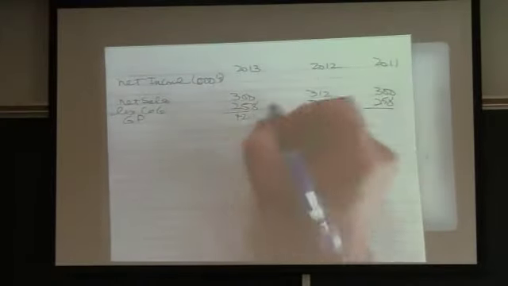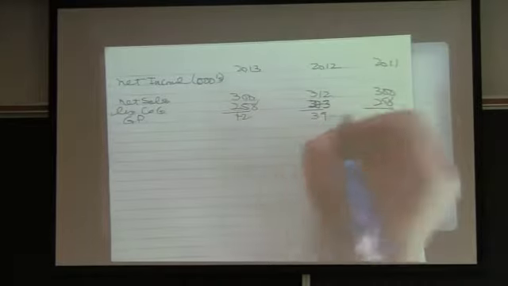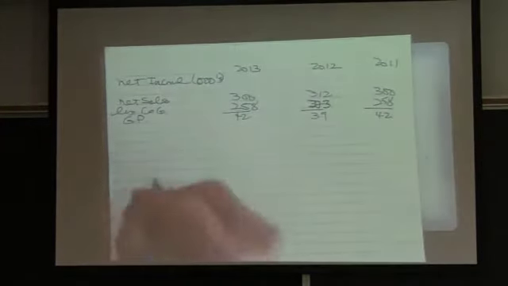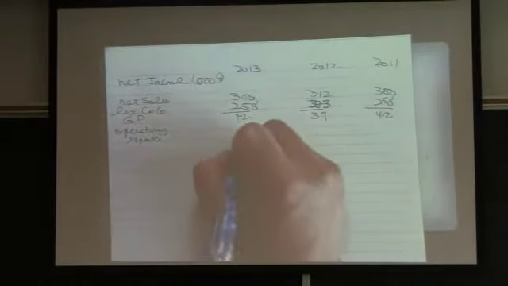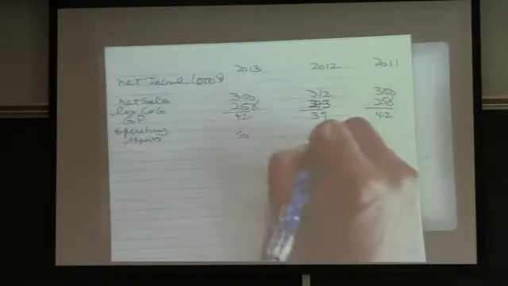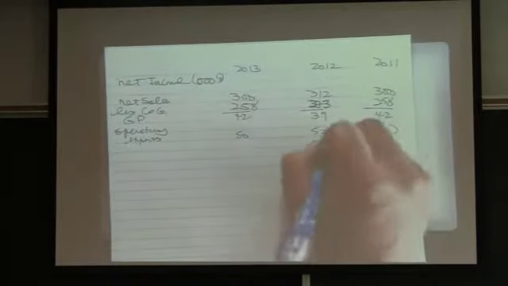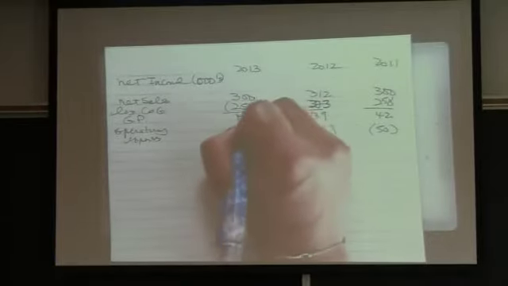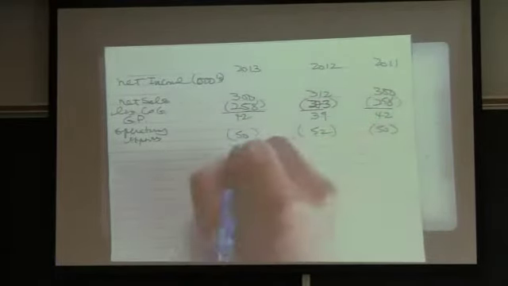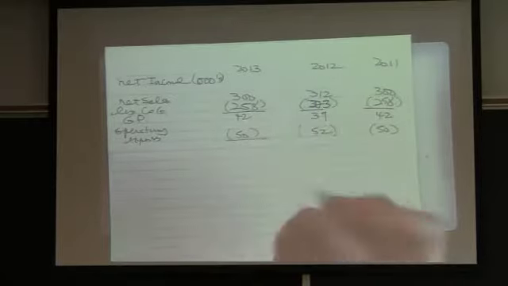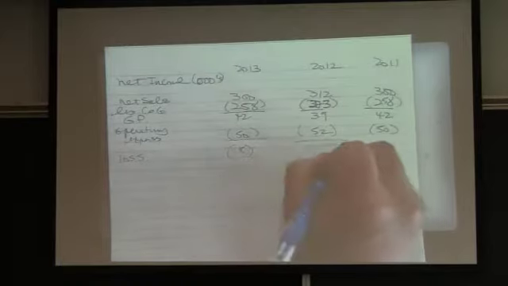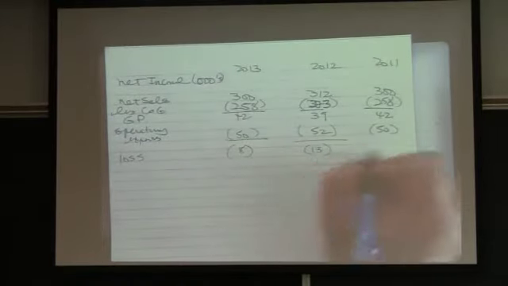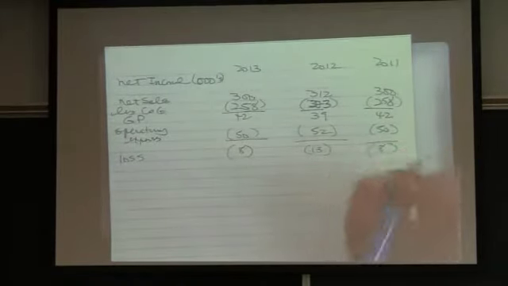So 42, 39, and 42. Operating expenses is 50, 52, and 50. This one has a loss of 8, loss of 13, and this one has a loss of 8.